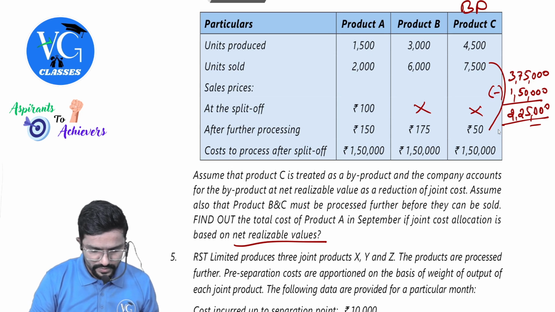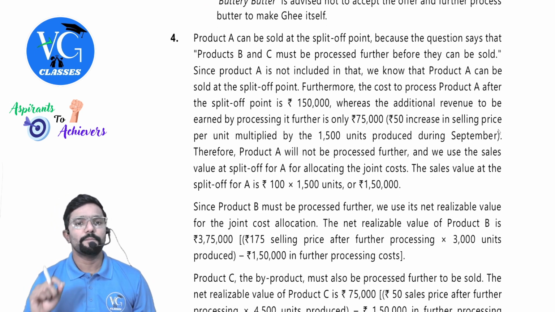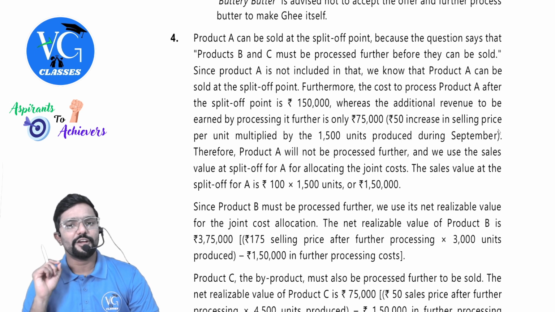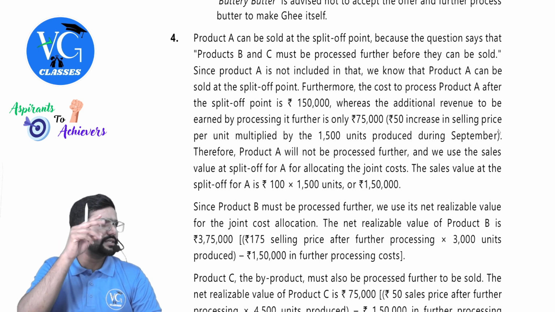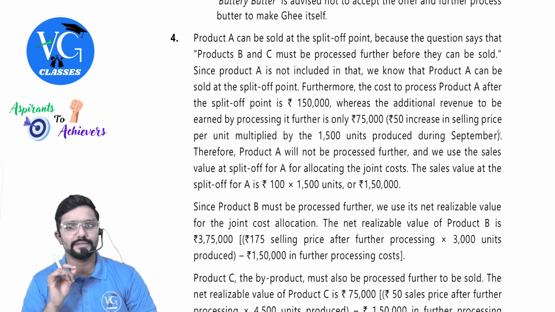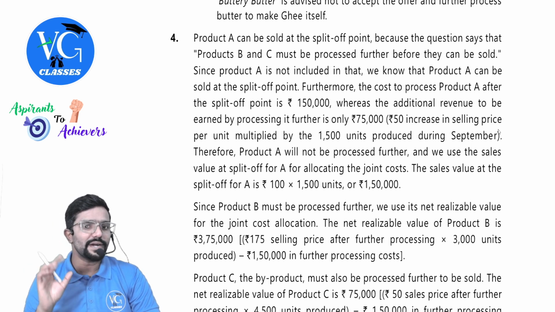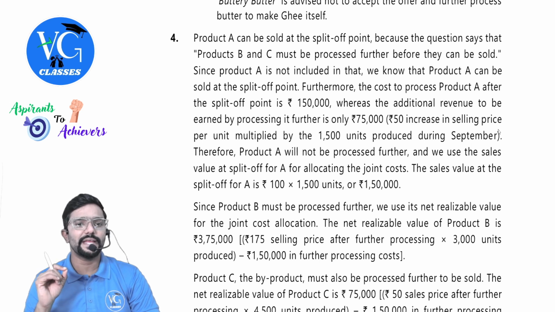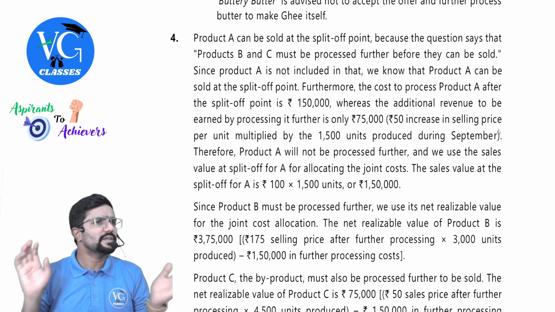Now the solution for the fourth one. Yes. Product A can be sold at the split off point because the question says that product B and C must be processed further before they can be sold. They are given in the last paragraph. Since product A is not included in that, we know that product A can be sold at the split off point. That's clearly what they have already decided. Now no confusion.